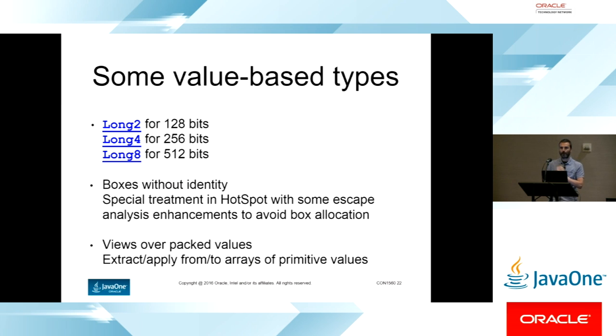And basically, we want to improve the escape analysis of these types of classes. So if we allocate them, the compiler can remove the allocation. I just want what's underneath, and I want to map what's underneath to a register in the CPU. And these things are essentially views over packed values, as we'll see later on. What we want to do is extract values from arrays and put them back to arrays.